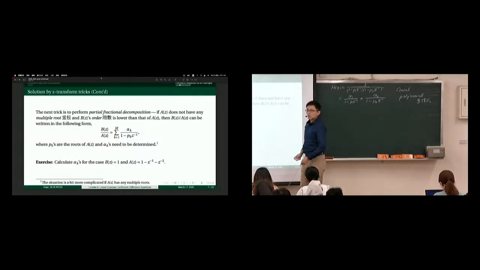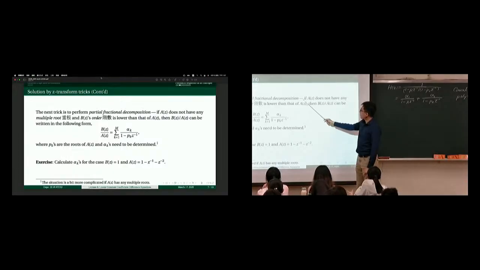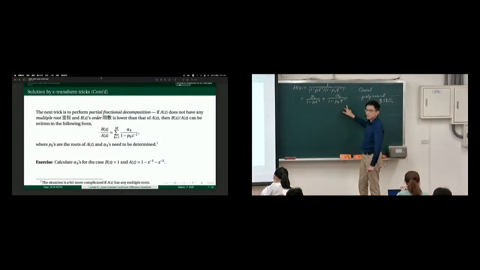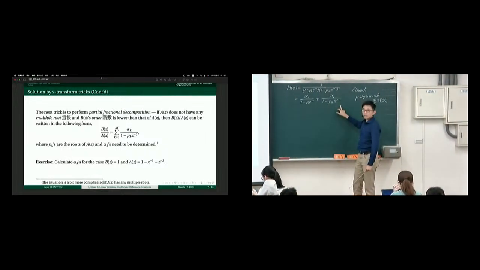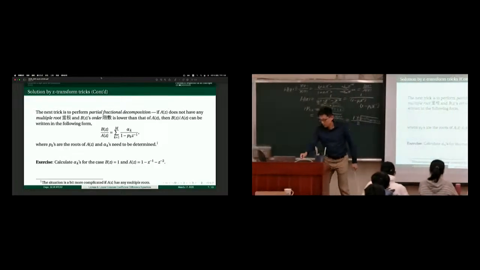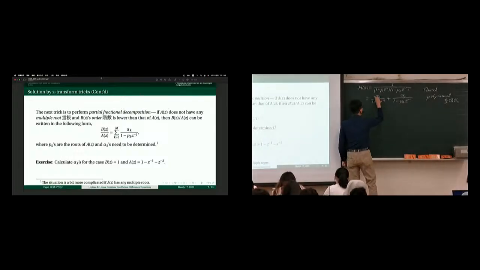We are going to change the expression, and this action is called partial fraction decomposition. We decompose the expression into the sum of two terms for this example, where the unknown coefficients become alpha 1 and alpha 2.